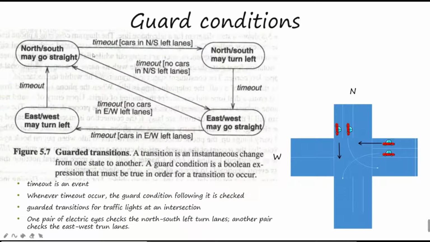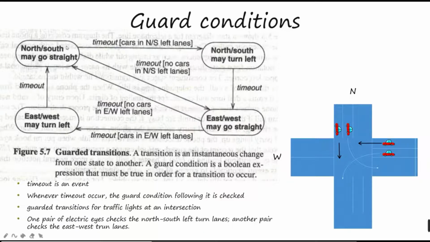And if it gets the event timeout, but the value of this guard condition is false and the value of the other guard condition is true, the other transition will fire.